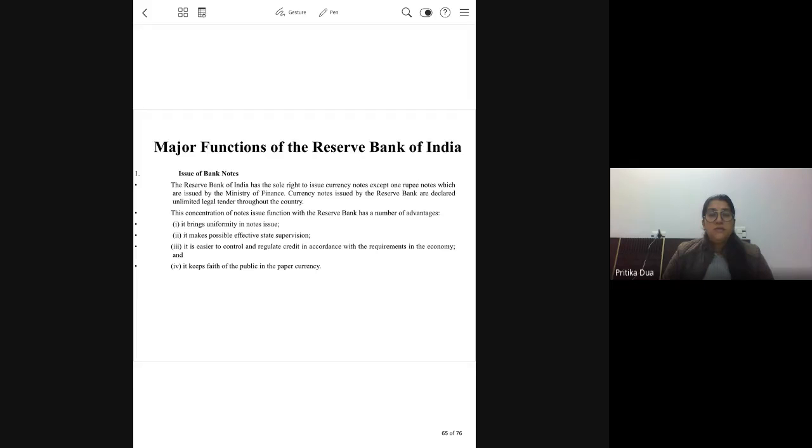Are rupee 1 notes still being printed? They are in circulation, but they are no longer being printed. Okay, so 1 rupee and 2 rupee notes are still valid, but they are not being printed now.